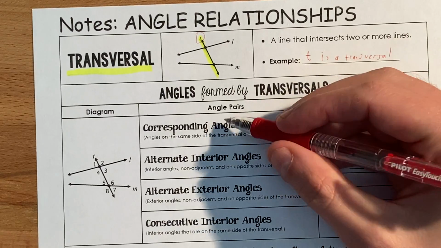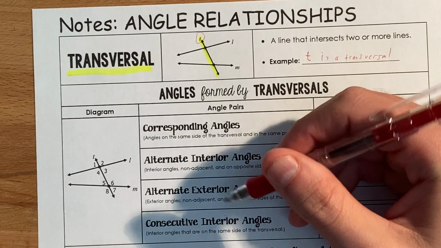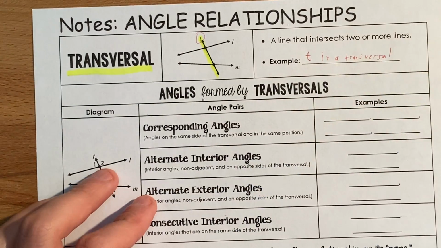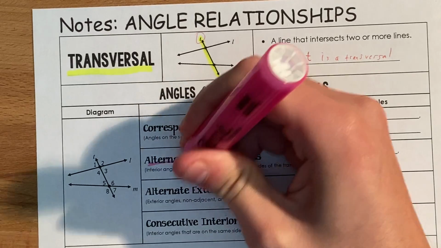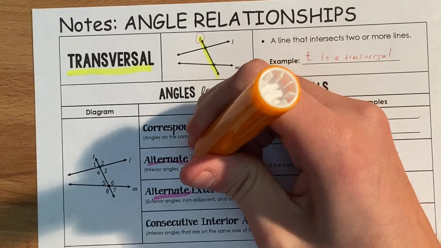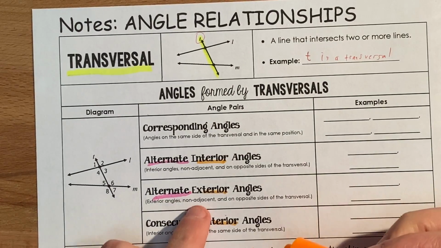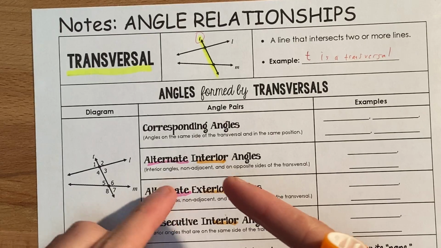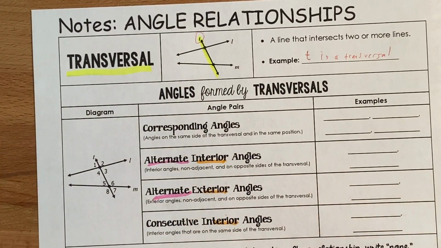So before I do these four specific ones, I actually want to turn over the page and talk a bit about what alternate is, as well as what interior and exterior is, because these ones are all going to be two things to think about in one. So I'm going to break up what each of these means.